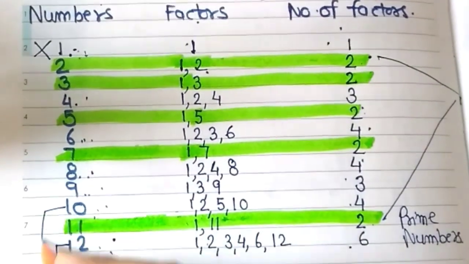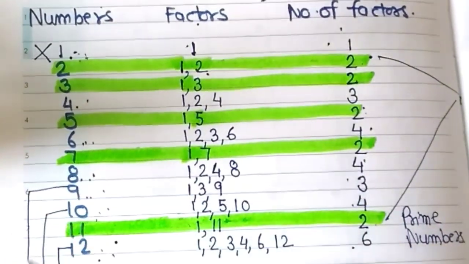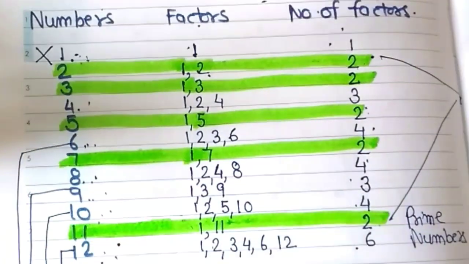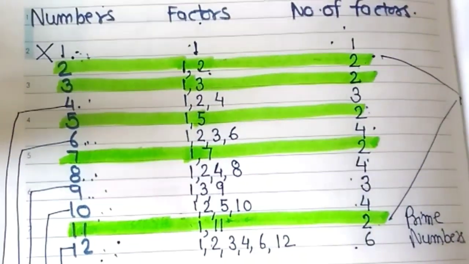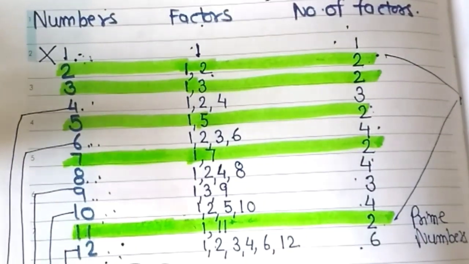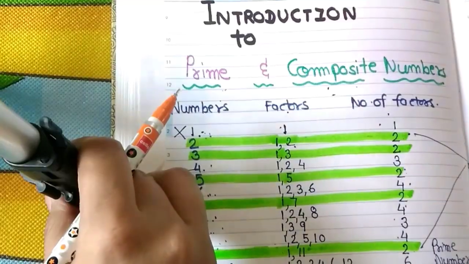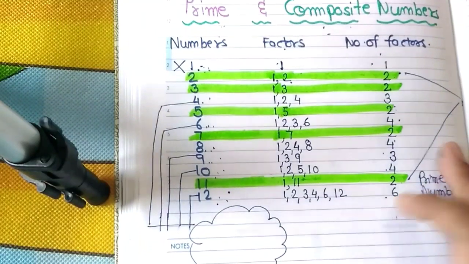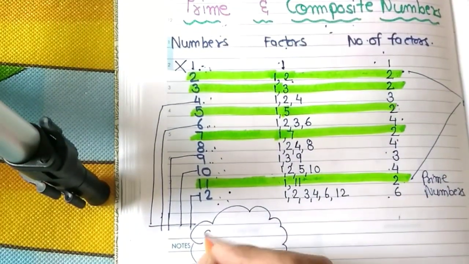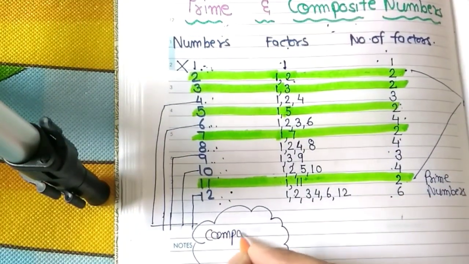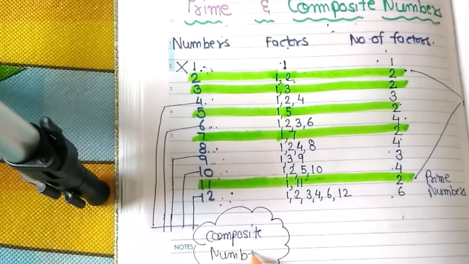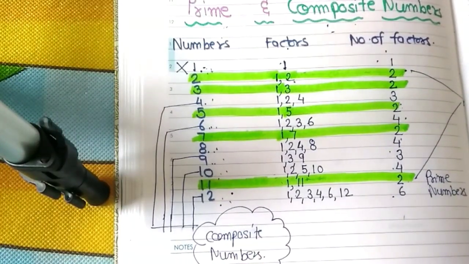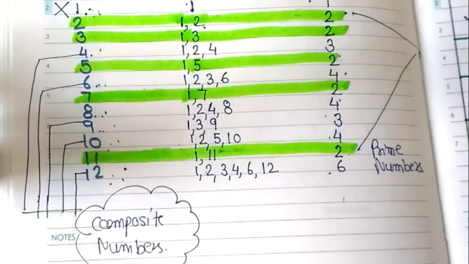Numbers 12, 10, 9, 6, 4. These numbers are called composite numbers, right? So now you can come to the definition of composite numbers.